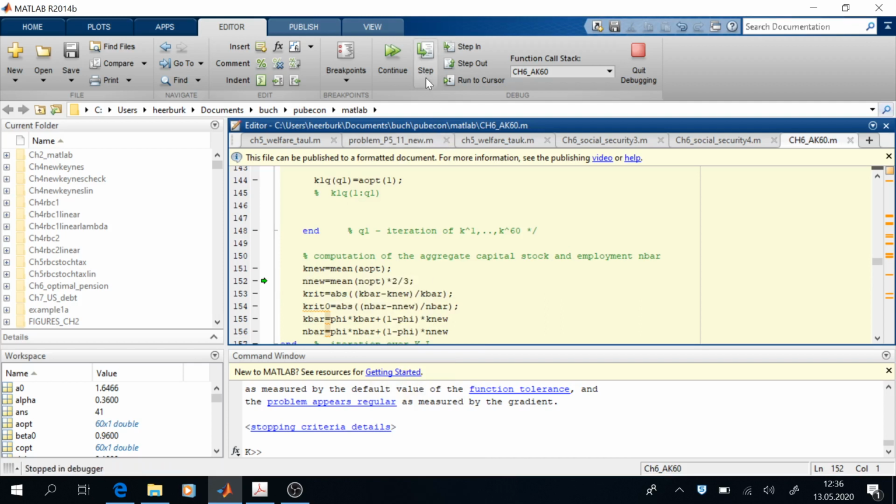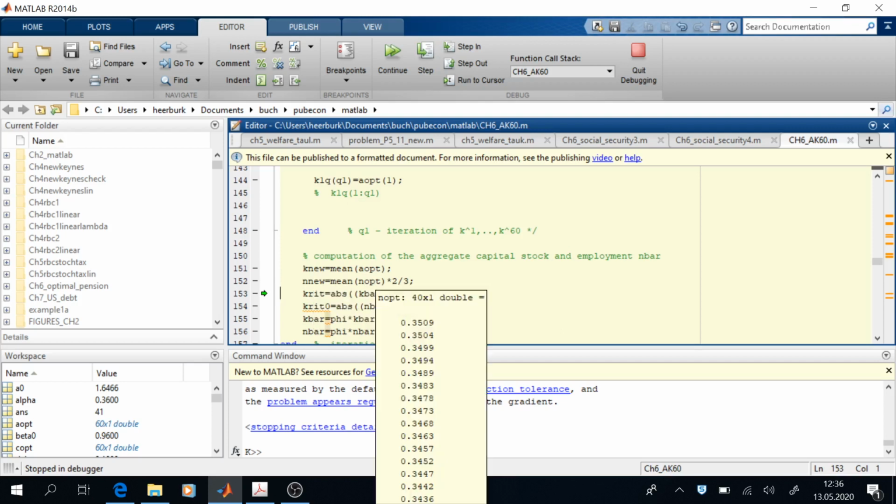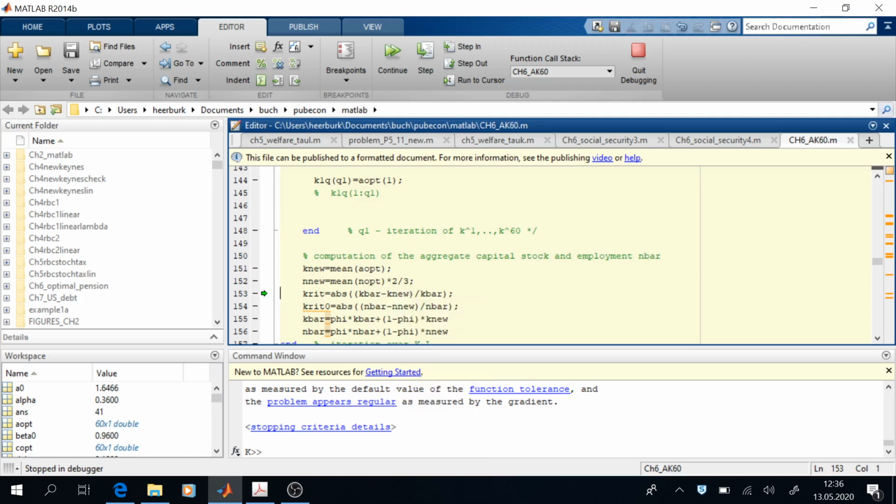We compute the new aggregate labor supply by the average of the workers' supply. And remember that the measure of the workers is 2/3 in total population, so we have to multiply the mean labor supply here of the workers by 2/3.